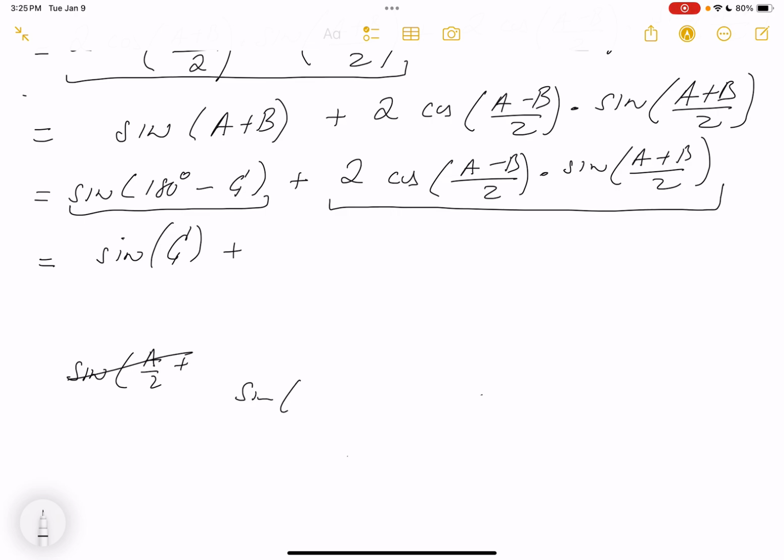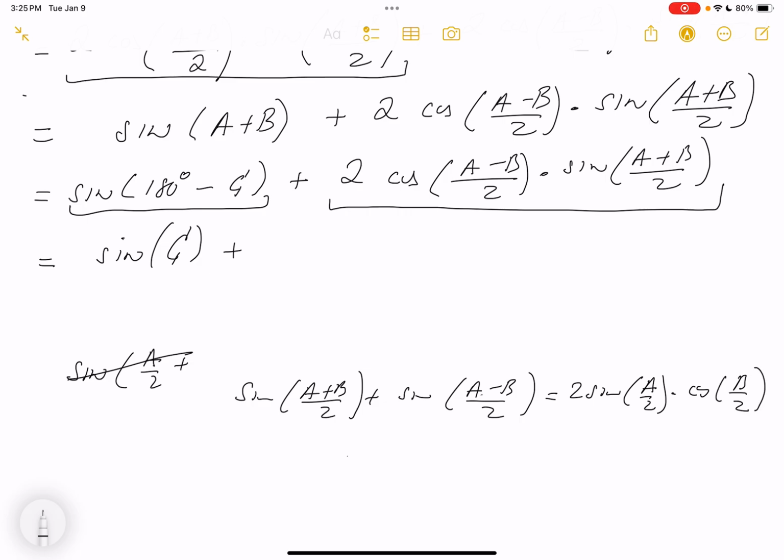Let me just write it as sine A plus B over 2 plus the sine A minus B over 2 was equal to 2 sine A over 2 times a cosine of B over 2. All right?